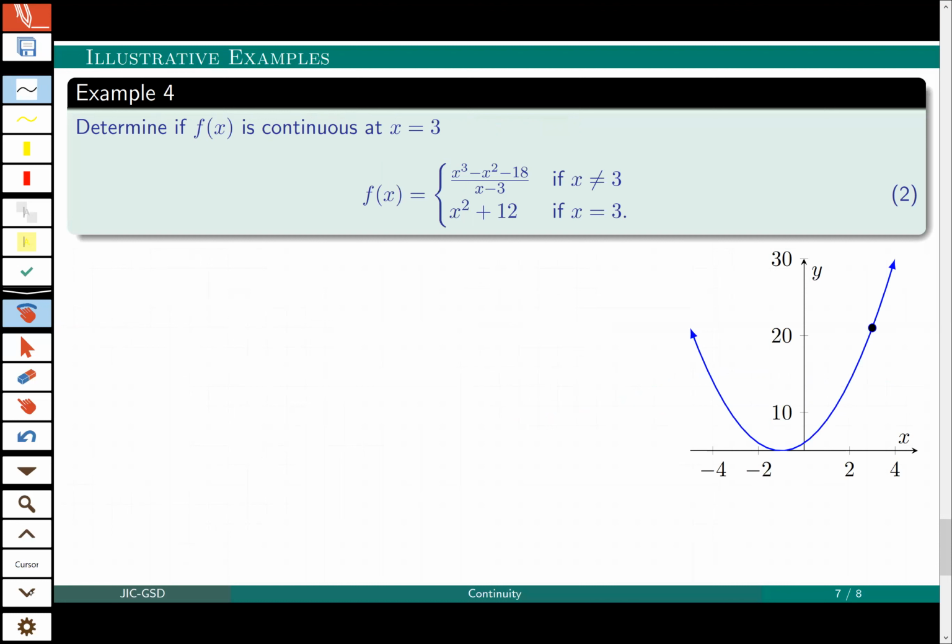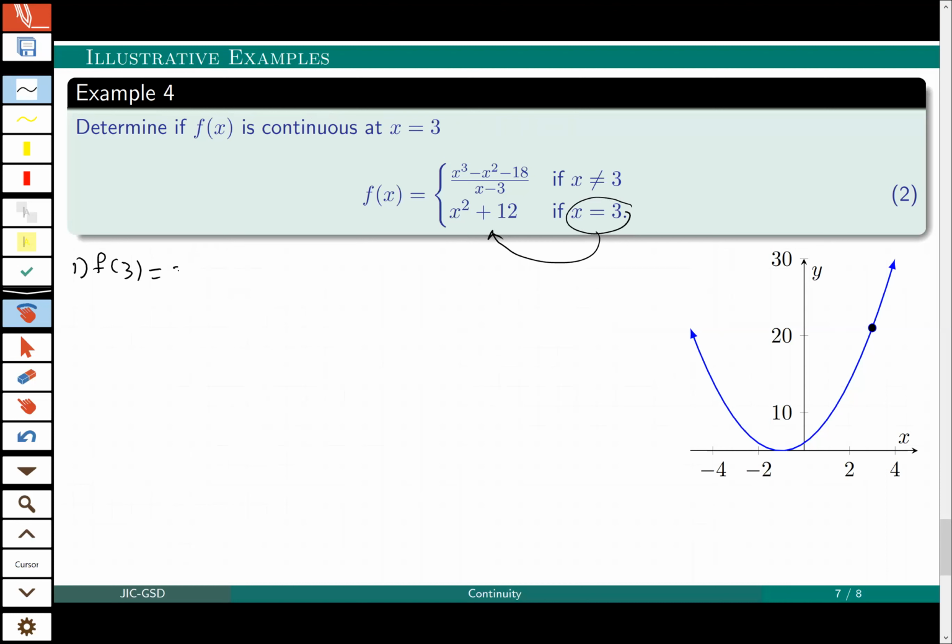Clearly, this function is continuous. So let's do the same thing. What is f at 3? F at 3 means when x equal to 3, we need to replace it here.